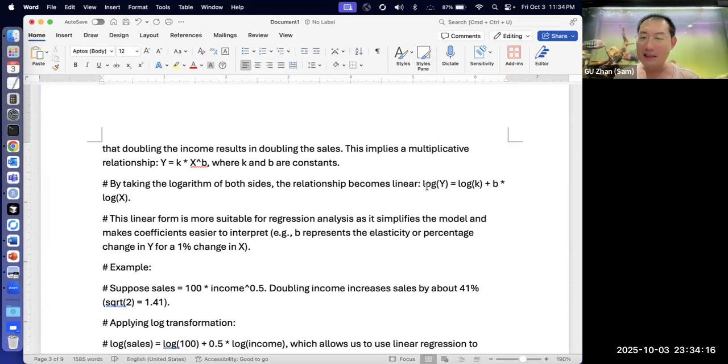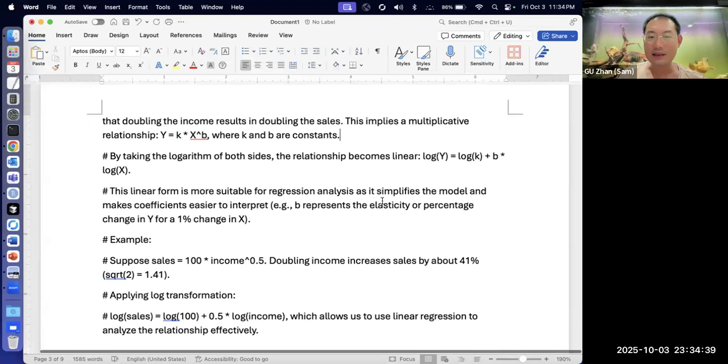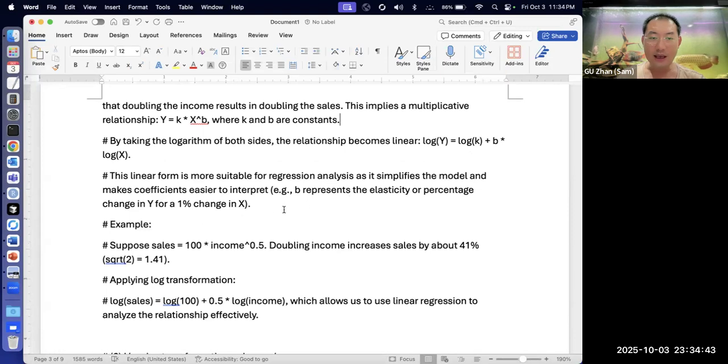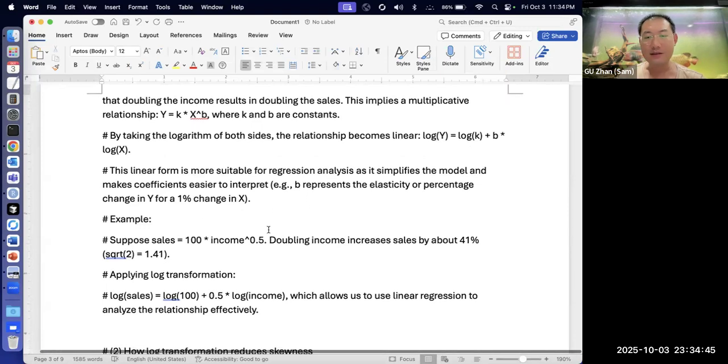This form is basically y equal to beta 0 plus beta 1 times x, another variable. This is the classic form of a linear regression, an additive model. So this is transformed to a linear one, and that's one.